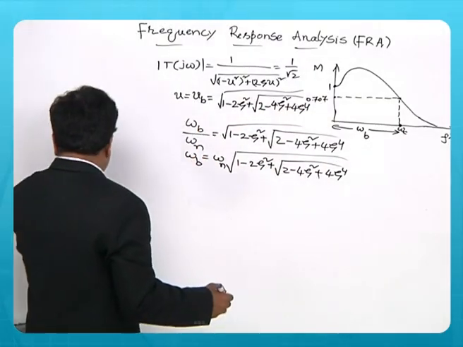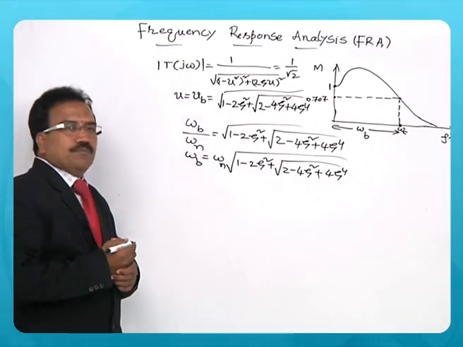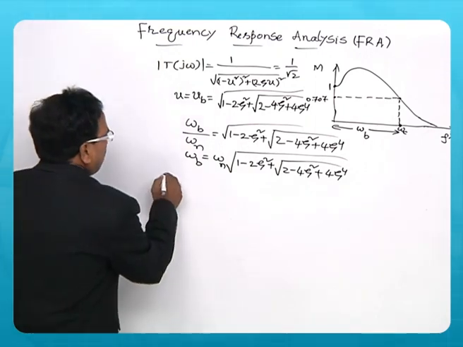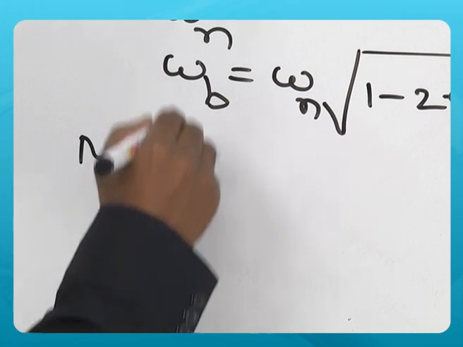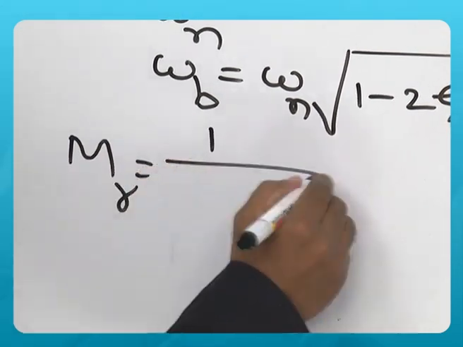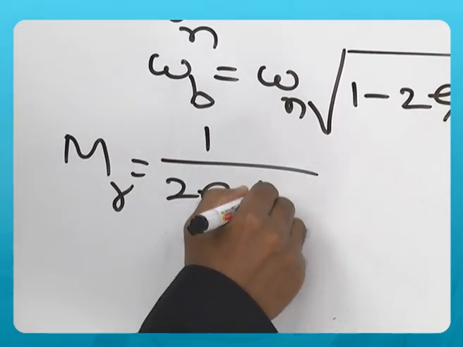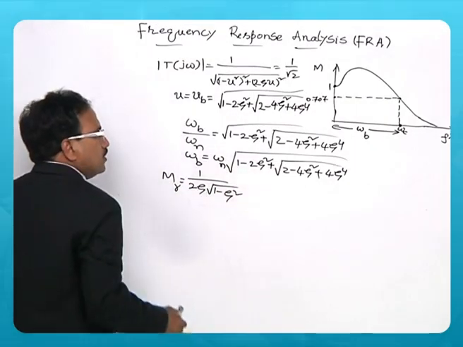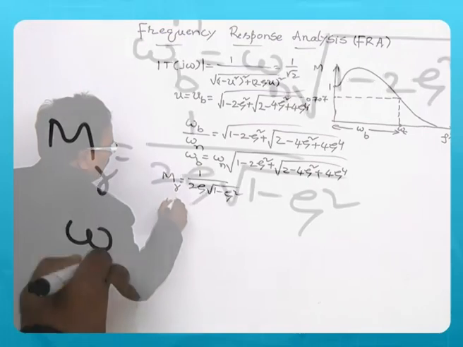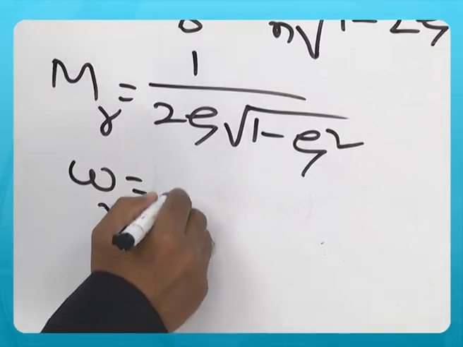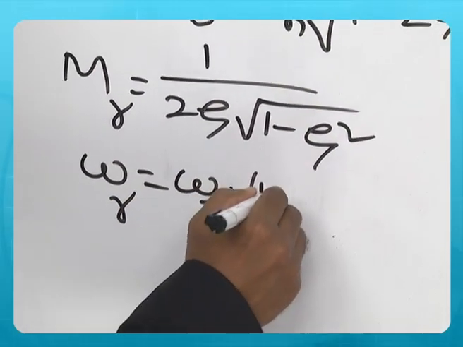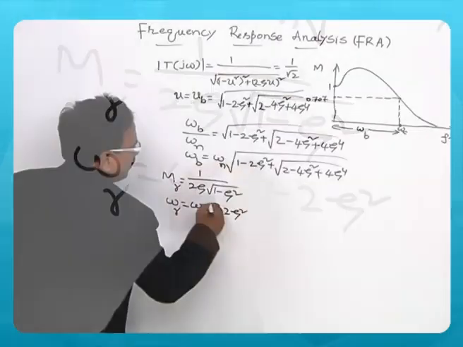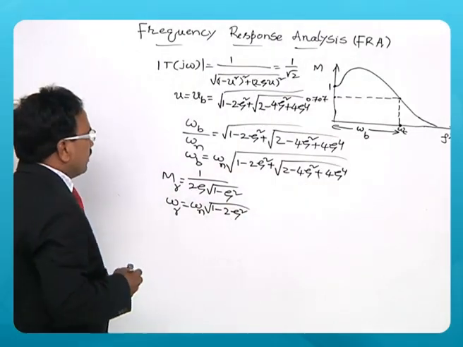This is bandwidth. Now the resonant peak you obtained in this frequency domain is 1 by 2 zeta under root of 1 minus zeta square. This you have obtained at resonant frequency omega r is equal to omega n under root 1 minus 2 zeta square.